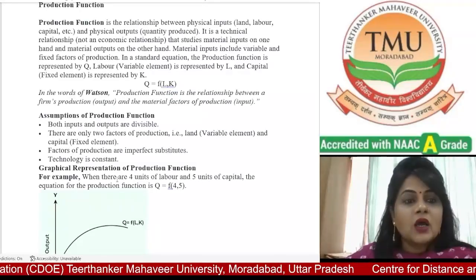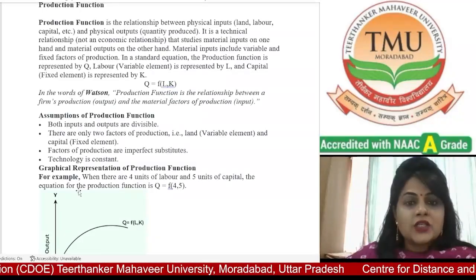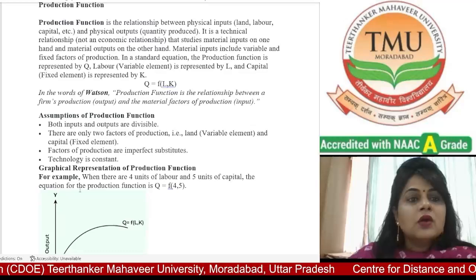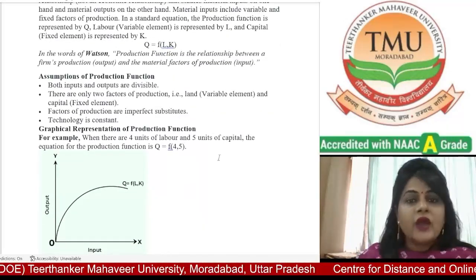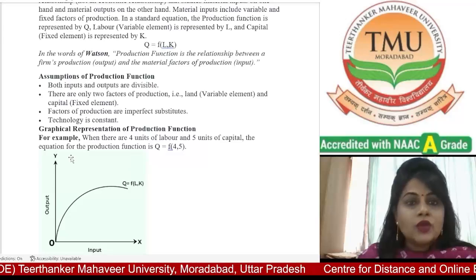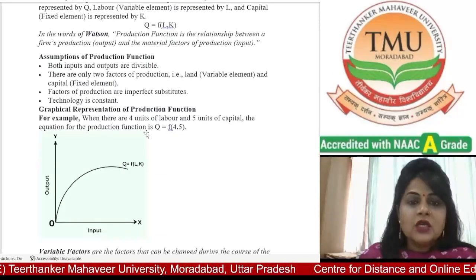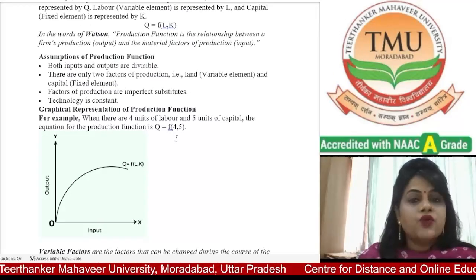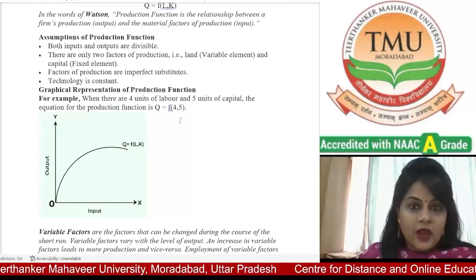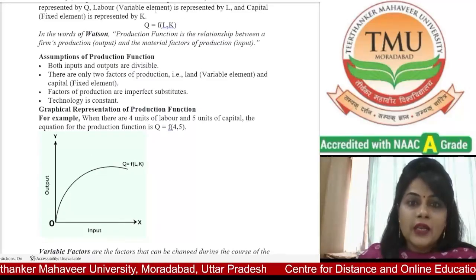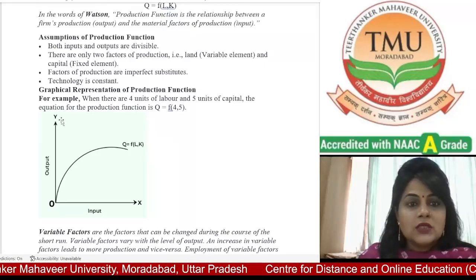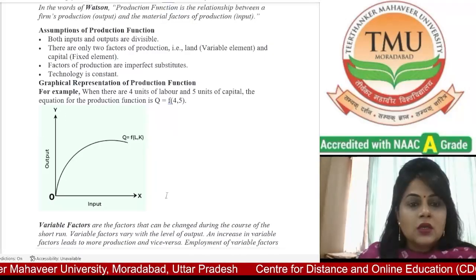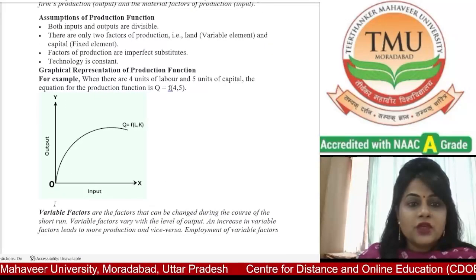With the help of the graphical representation of the production function, when there are 4 units of labor and 5 units of capital, the equation for the production function is Q is equal to f(4, 5), where 4 is labor and 5 is capital. This graphical representation shows the production function.